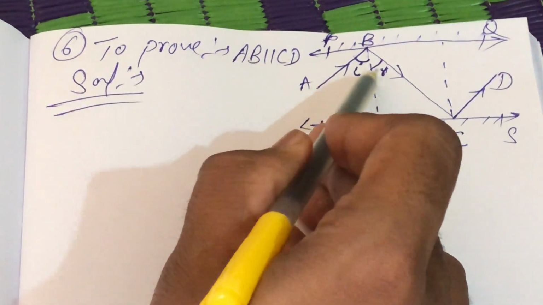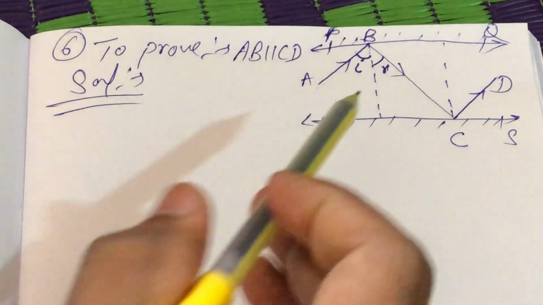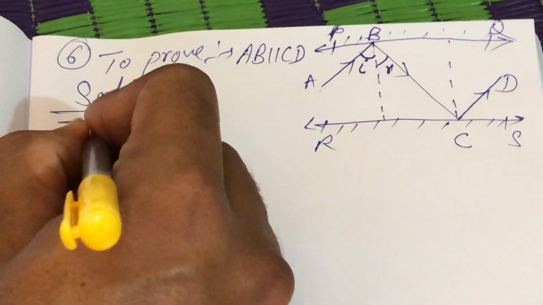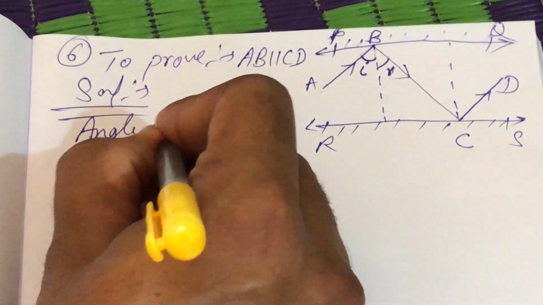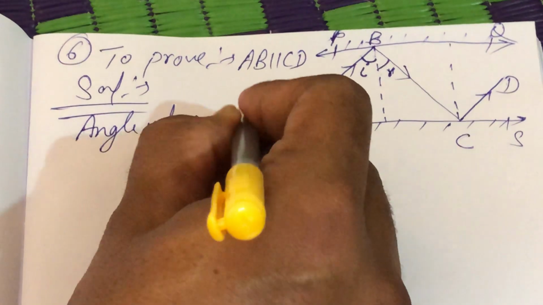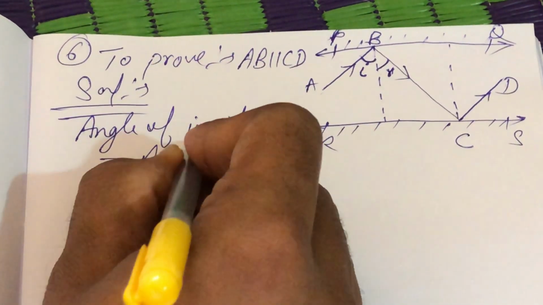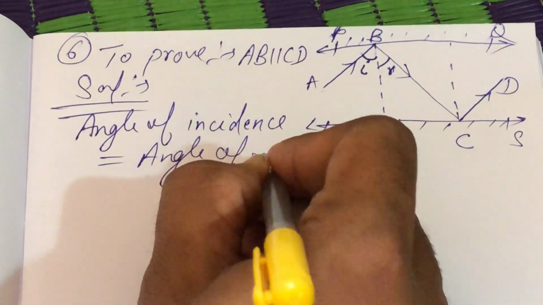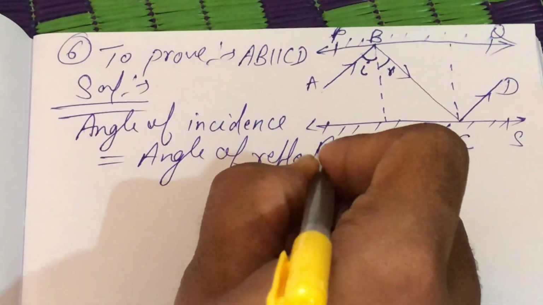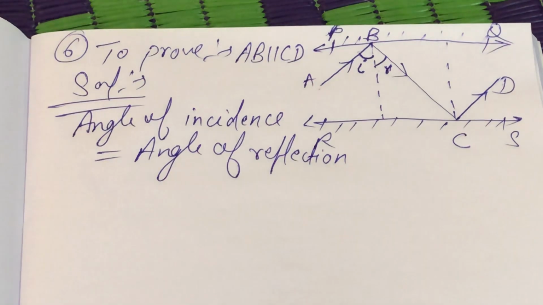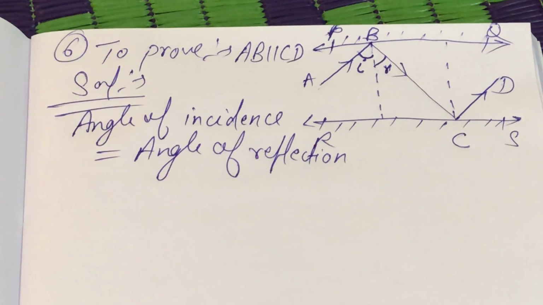Angle I and angle R are always equal. The angle of incidence is always equal to the angle of reflection.